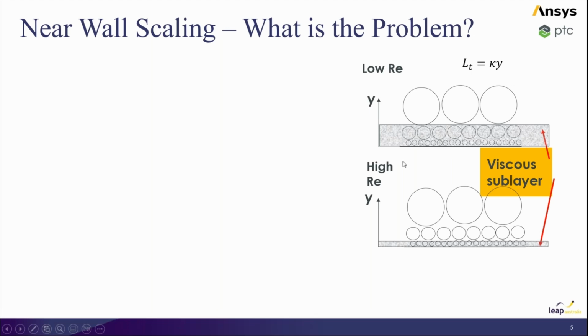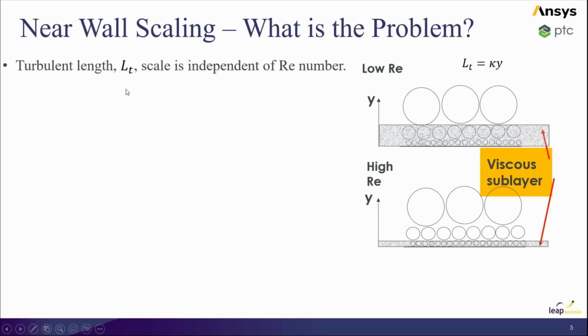So as our Reynolds number increases, this viscous layer where all the damping's occurring is getting smaller and smaller. Typically, our large scale eddies stay about the same because they come from the size of the geometry. But what happens is that as we go up in Reynolds number, we need to resolve more and more of this. So you can see we need a finer and finer mesh.